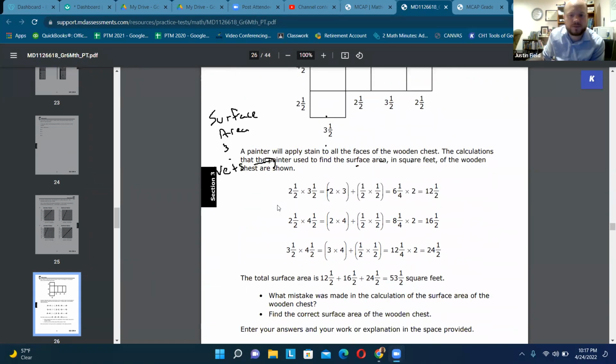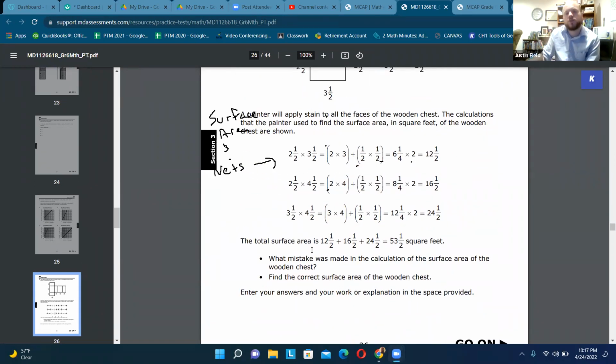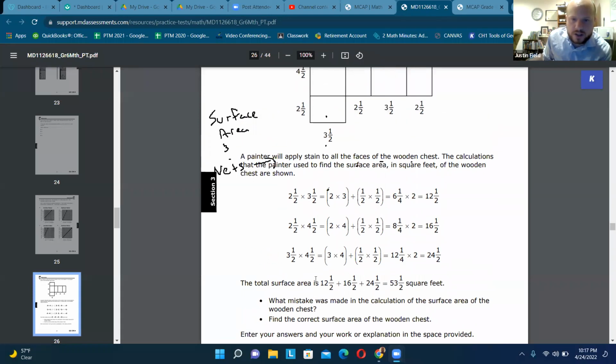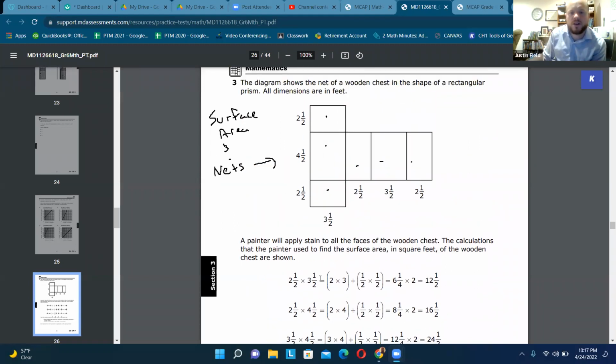Okay. The total surface area is 12.5 plus 16.5 plus 24.5 equals 53.5. What mistake was made? Find the correct surface area. Okay, so let's find the correct surface area. This 3.5 means that all of these segments are 3.5.